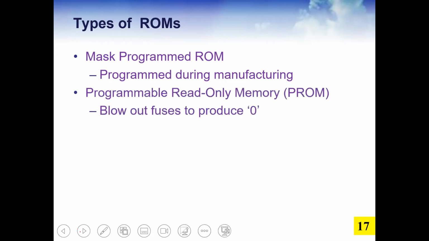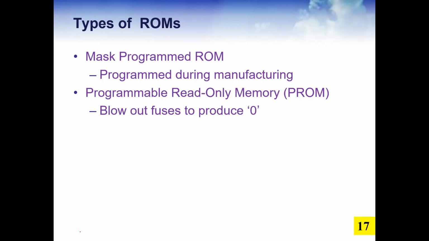The second category is called programmable read-only memory, PROM. It basically allows a programmer to program its own code instead of it being done during manufacturing. So it is like one-time programmable. How does it come?